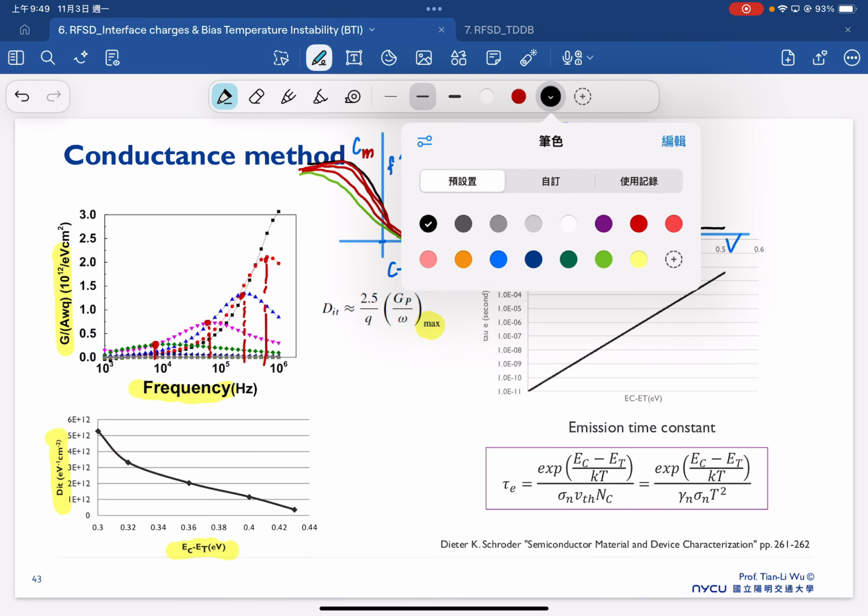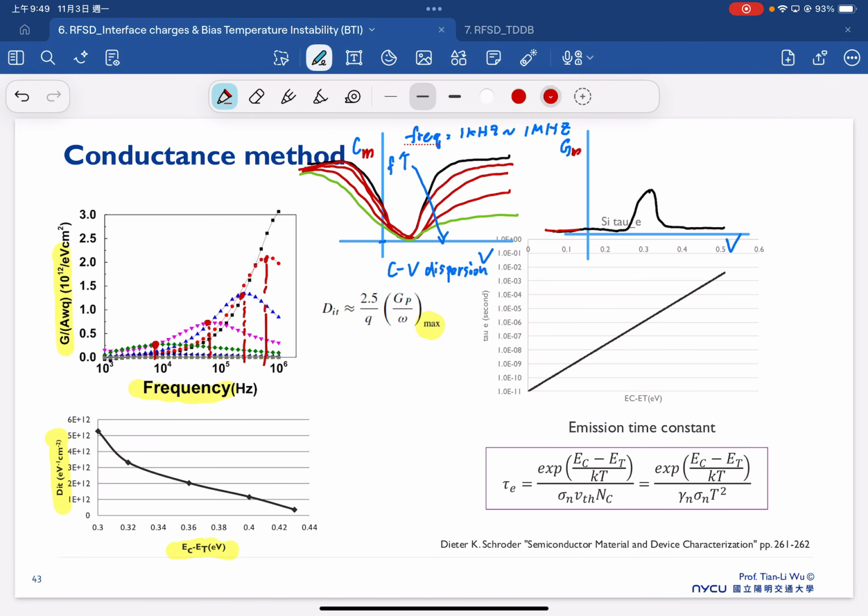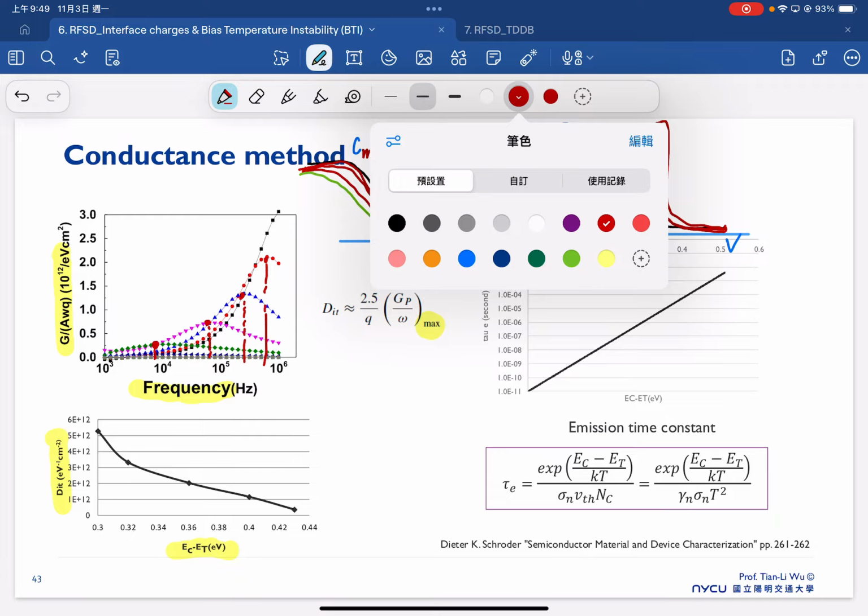Then once we go to high frequency, you will see this peak get more and more pronounced, and the peak gets very high as we increase the frequency.